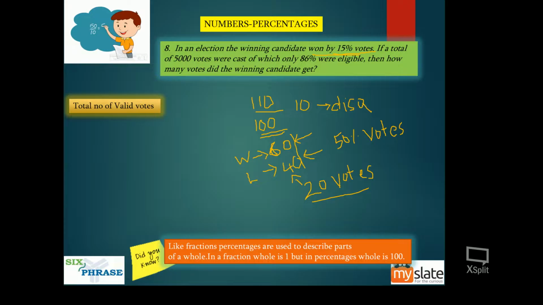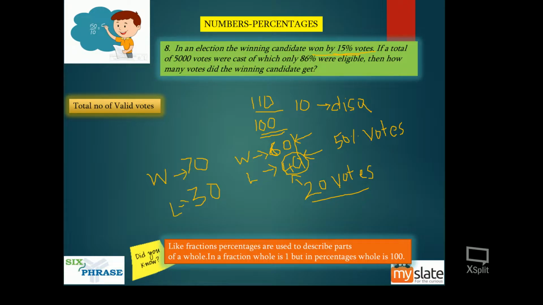So this 20, you should look at it in terms of how many votes the loser got. I got 40 votes. So you have to look at it like this. Had I got, let's say, you got 70, I got 30. So the winner gets 70, the loser gets 30.